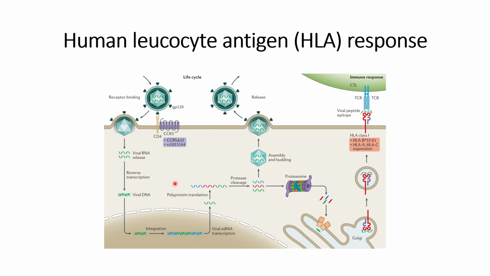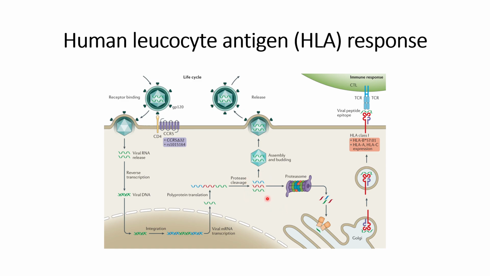So this is the life cycle of how the HIV virus infects the cells and produces more virus to infect other cells. However, the other thing that people have identified is how the immune response gets activated.